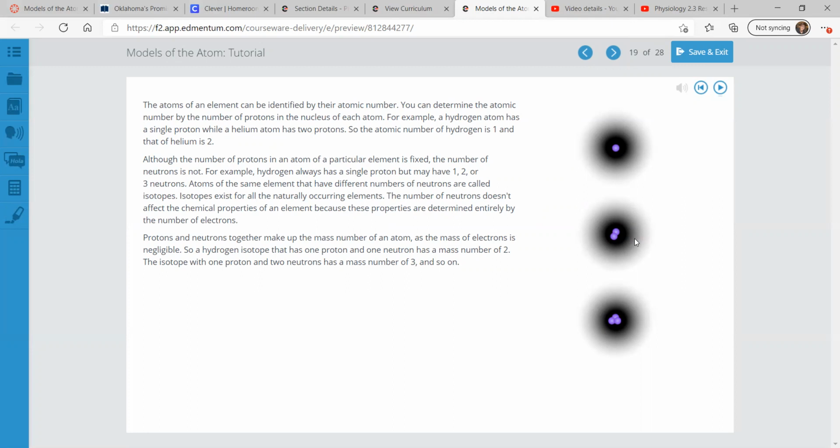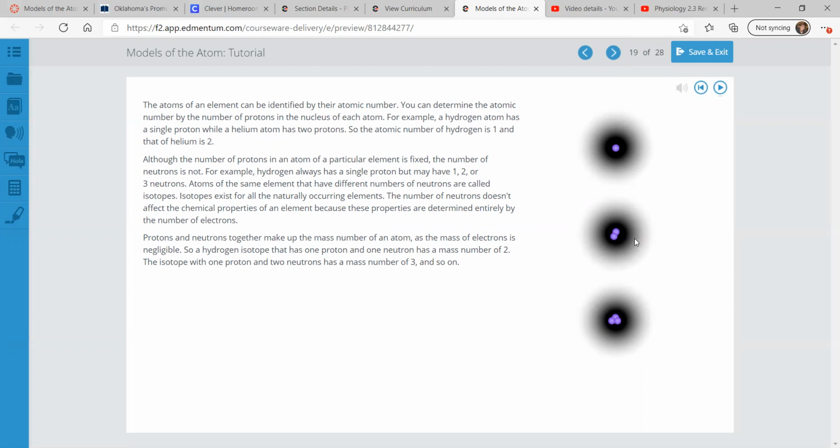The number of neutrons doesn't affect the chemical properties of an element because these properties are determined entirely by the number of electrons. Protons and neutrons together make up the mass number of an atom, as the mass of electrons is very small in comparison.